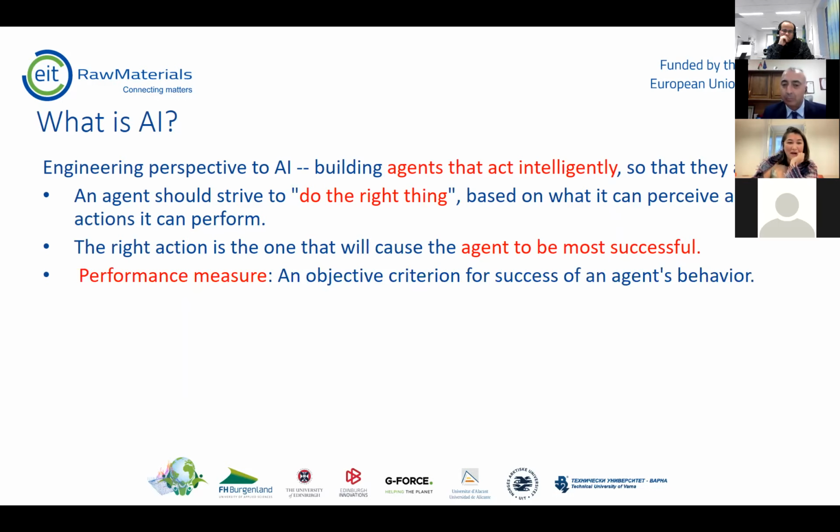And what is important here is to define very clear performance measures, things that the agent could measure on its own.